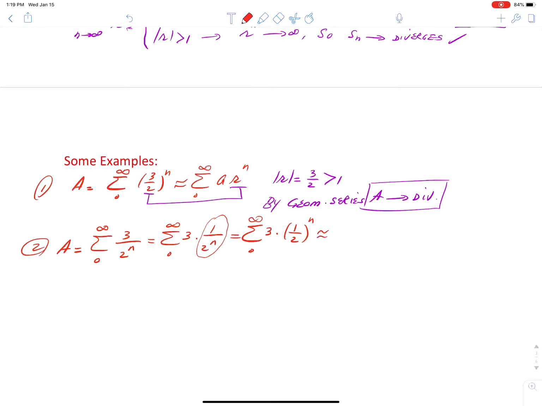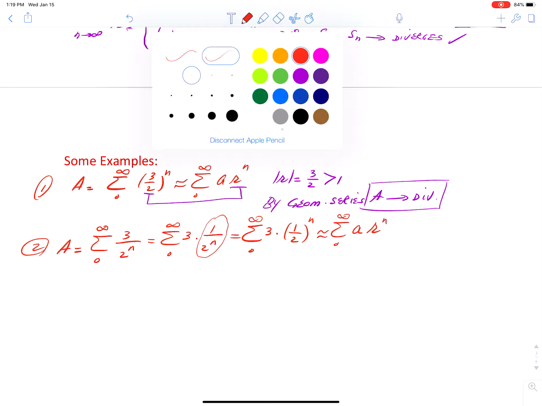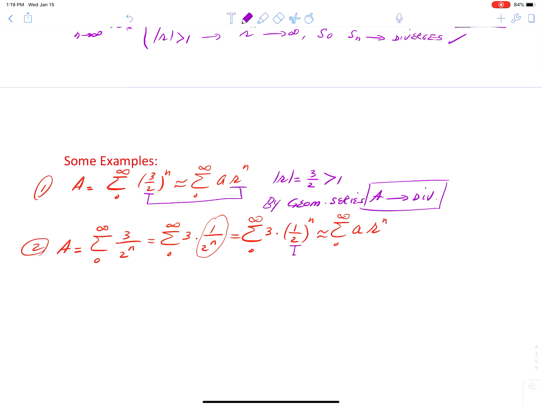And then you say, oh, I will compare this to my standard geometric series, so that I can recognize what my r is. My r happens to be 1/2. Absolute value of r, which is 1/2, in this case, happens to be less than 1.